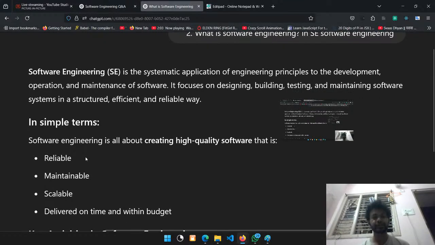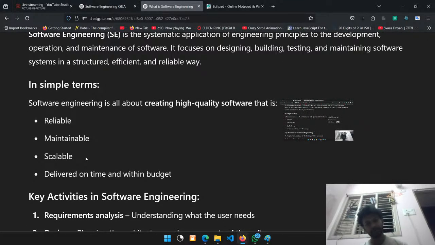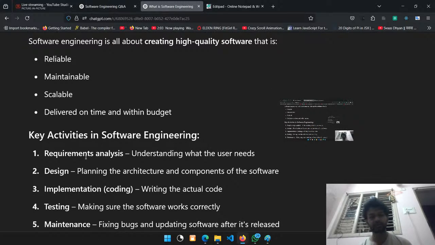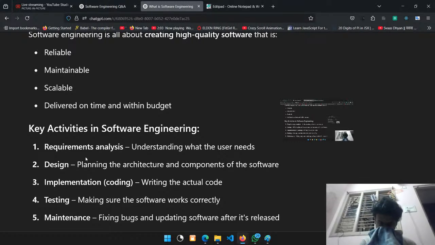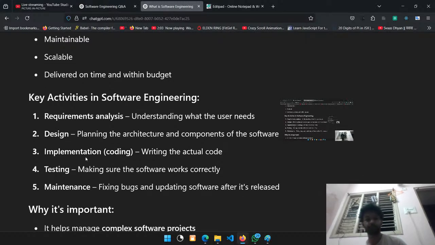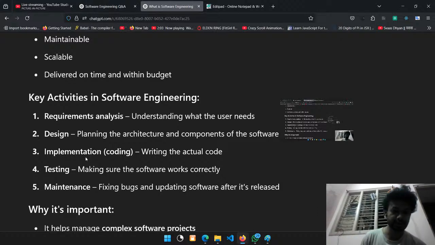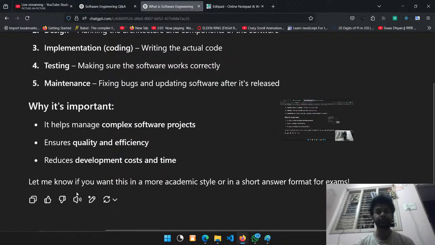It is all about creating high quality software that is reliable, maintainable, scalable, and delivered on time within budget. Activities include requirement analysis, understanding user needs, planning, architectural design of the software components, implementation, coding, testing, and maintaining. It is important because it helps manage complex software projects, ensure quality and efficiency, and reduce cost and time.